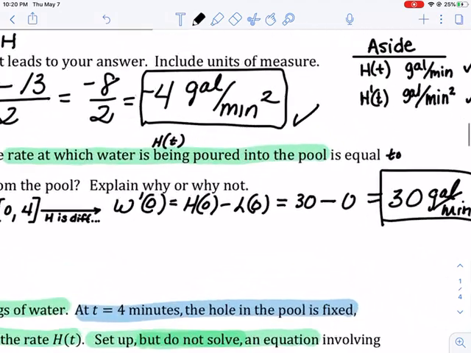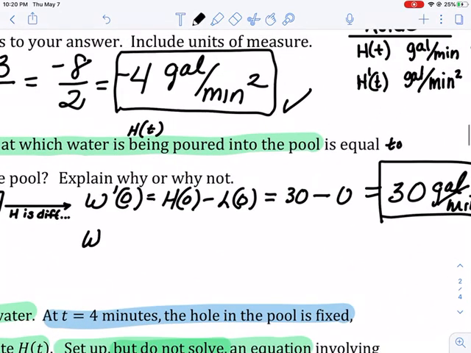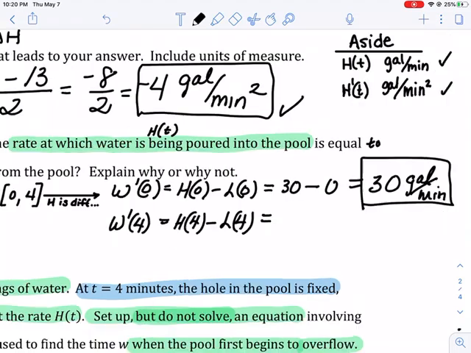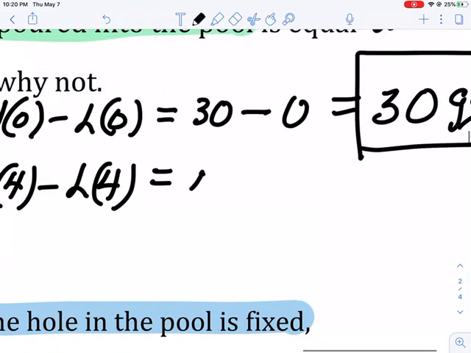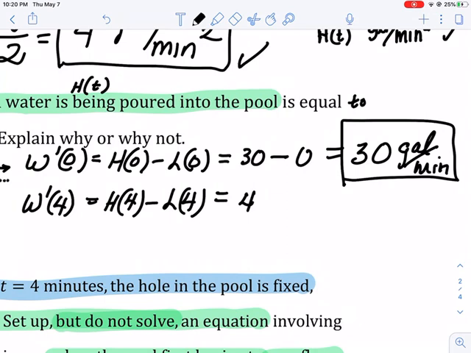So now if I try the other end of the spectrum, let's try at 4. I have w prime of 4, and that's going to equal h of 4 minus L of 4. And what is that equal to? H of 4, if you go to the table, is equal to 4, minus L of 4 at that point.